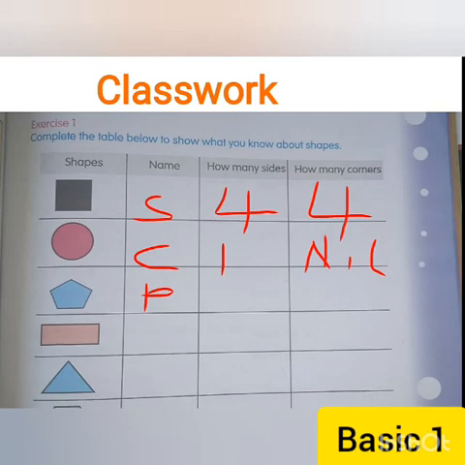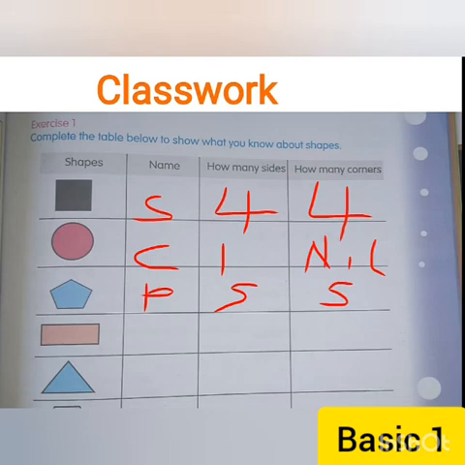How many sides does it have? It has 5 sides. How many corners does it have? 5 corners.